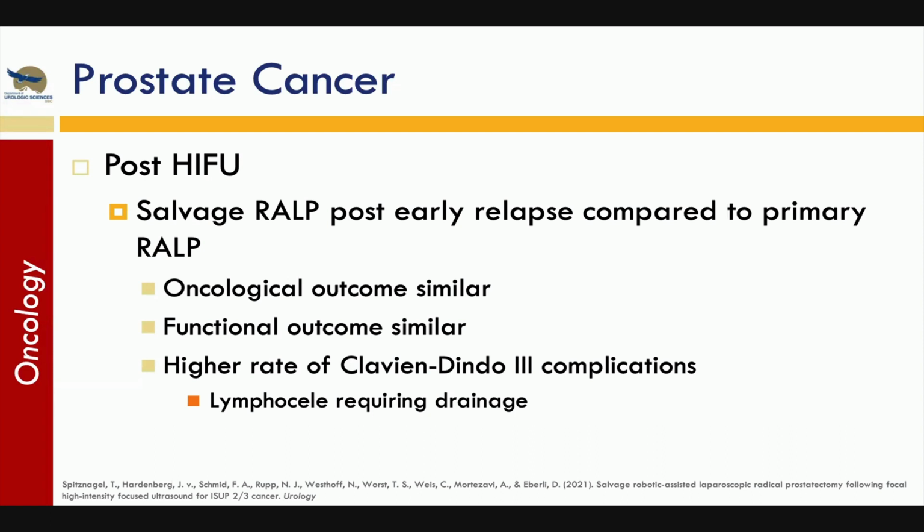But because the surgery is much harder, things are stuck, things are just not quite as smooth, you end up with a higher rate of complications. Specifically, they report a higher rate of Clavien-Dindo 3 complications, which are significant ones. And the one that was most common in this study was lymphoceles that actually required drainage.